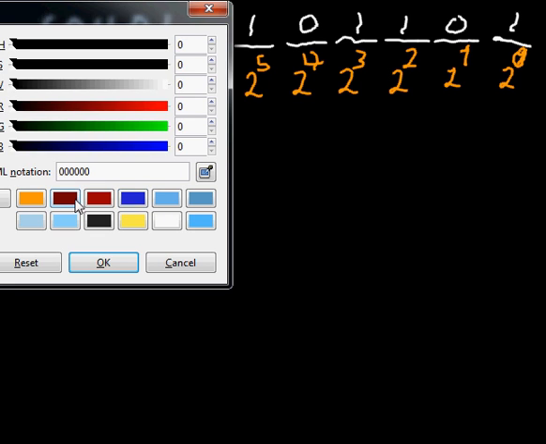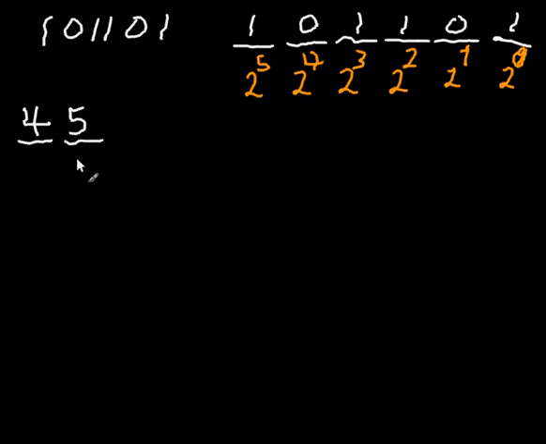So let's look at this. 5 is the 0th place, 4 is the 1st place. 10 to the 0, 10 to the 1. What we do is we say, okay, what's 10 to the 0? That's just 1. We have 5, and we multiply by whatever value its place is.